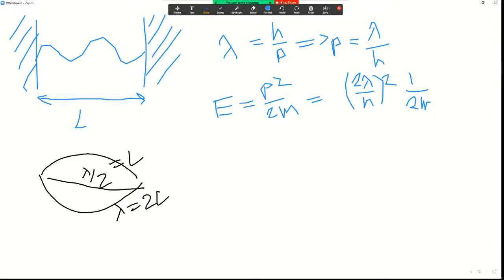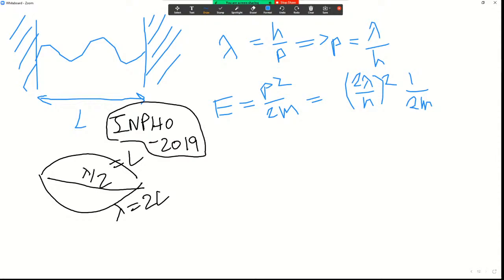Oh, this is exactly the INPhO problem. Oh, really? I thought it would be similar, but it is exactly the same as the INPhO 2019 problem. I recently solved it. Oh, that's nice. Oh, they also told us to find energy in such a region.